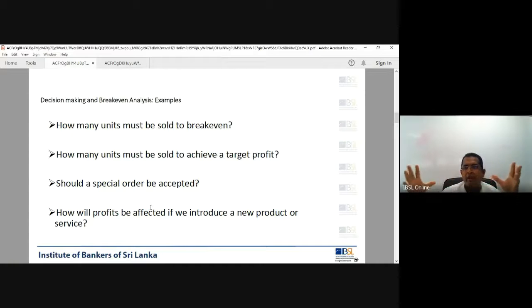Because it is the relationship between cost, volume, and profit analysis, CVP. How will profit be affected when you are introducing a new product? We know that variable cost will change and fixed cost will change. So how are you going to adjust this?